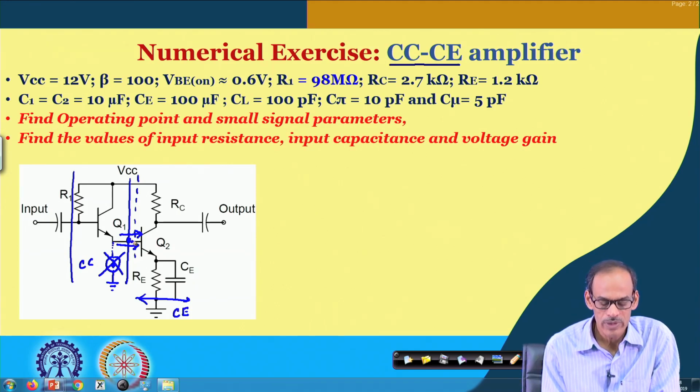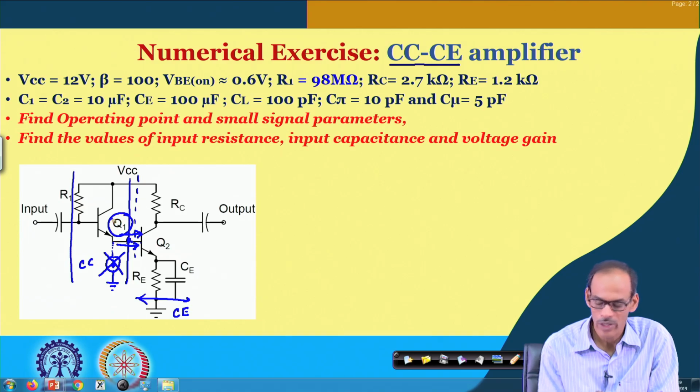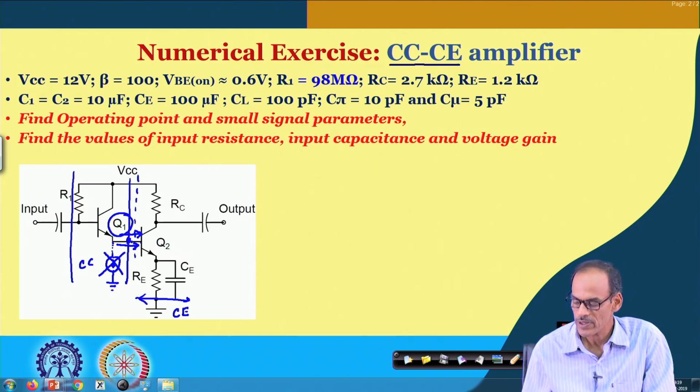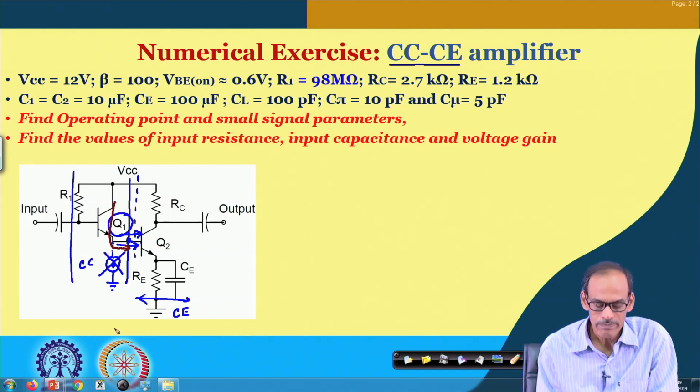Again, here we assume that the DC voltage of Q1 is sufficient to feed the signal at the base of Q2, or you may say that whatever emitter current we have out of Q1 is good enough to bias Q2.